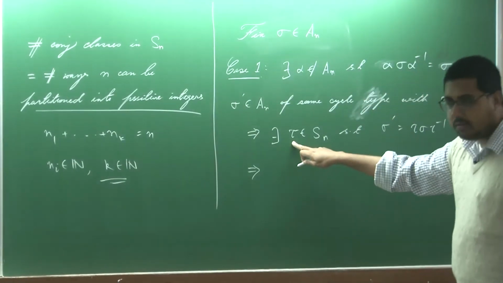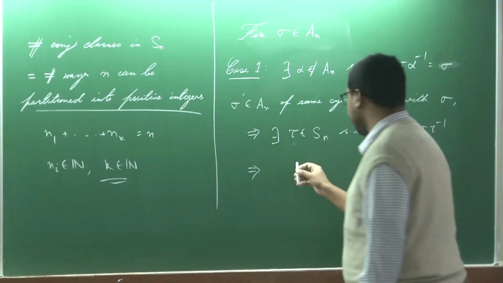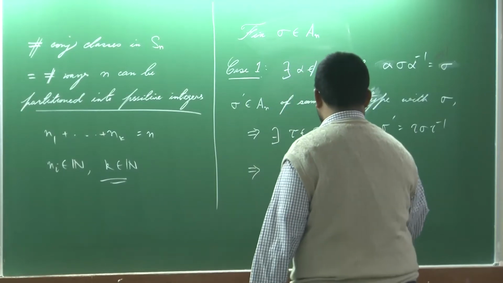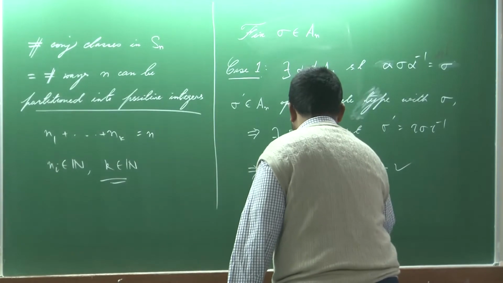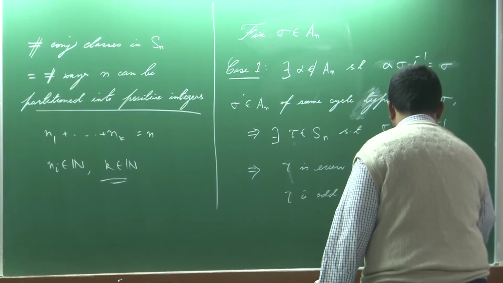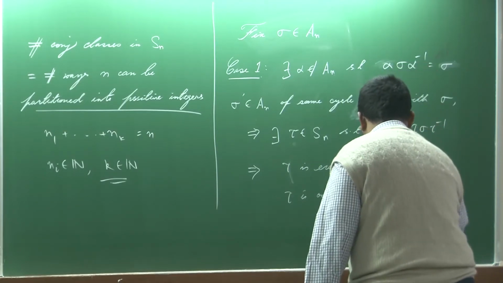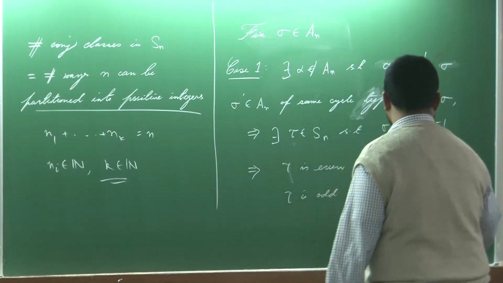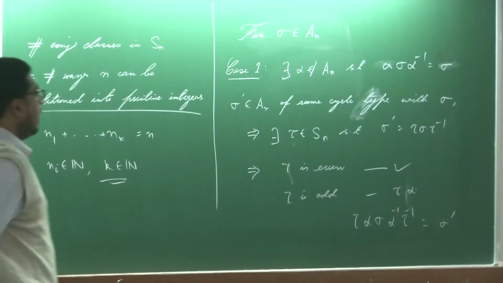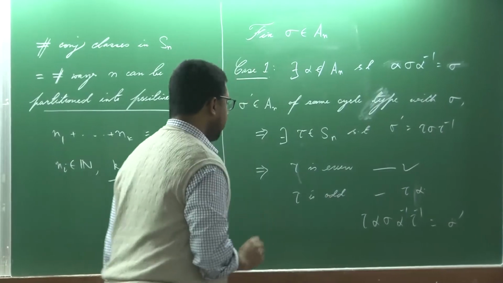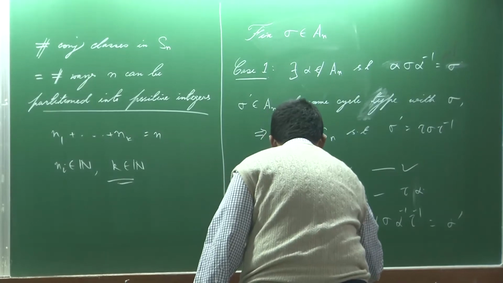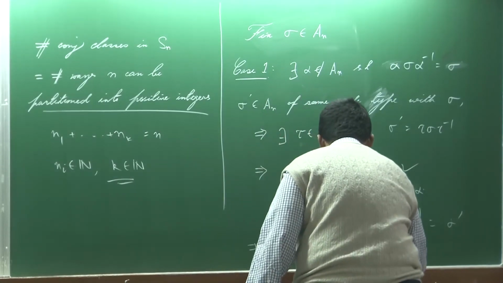If this tau happens to be even, then we are done. If tau is odd, then we can replace tau by tau times alpha, and it is easy to see that tau alpha sigma alpha inverse tau inverse becomes exactly sigma prime. So what we have seen is, if there is an odd permutation that commutes with sigma, then the conjugacy class of sigma inside Sn is the same as the conjugacy class of sigma inside An.